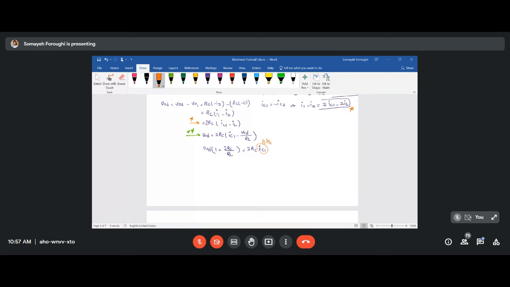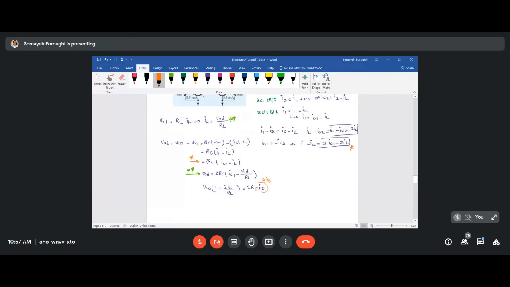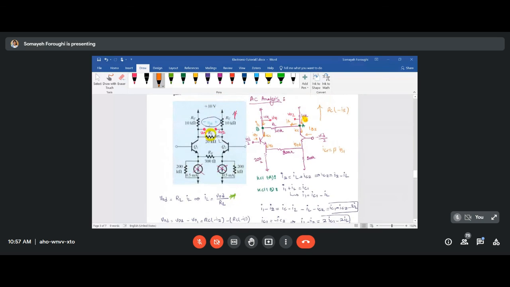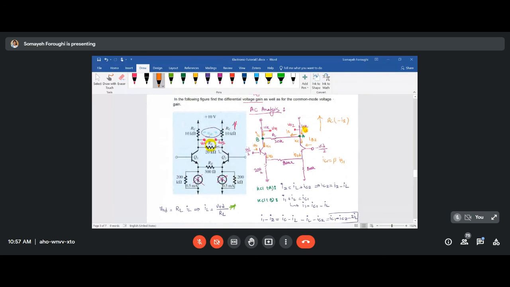Actually, I forgot to find my IB1. So far it's all good, but I need to find it. Again, I need to find IB1. How can I find my IB1?